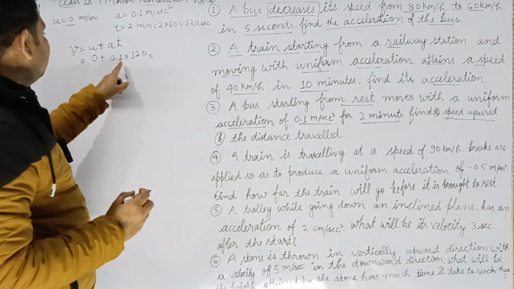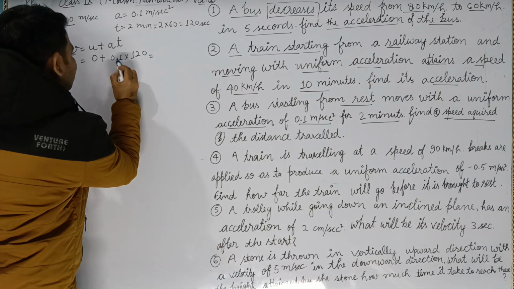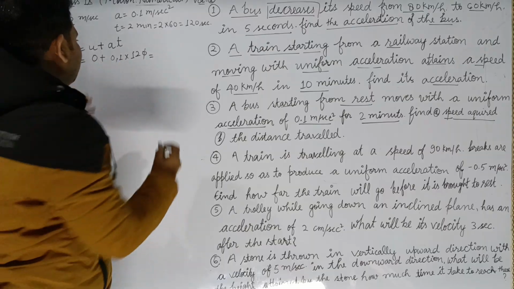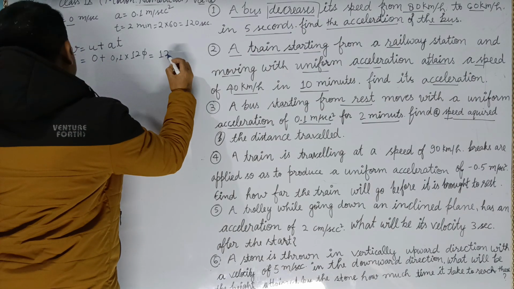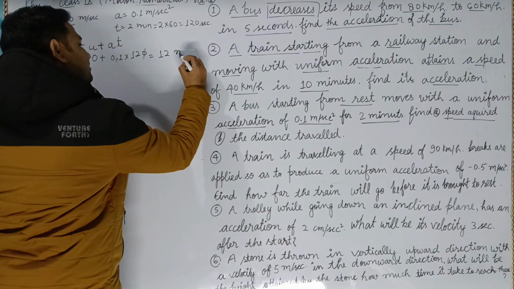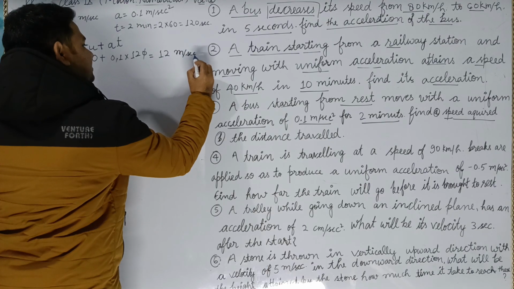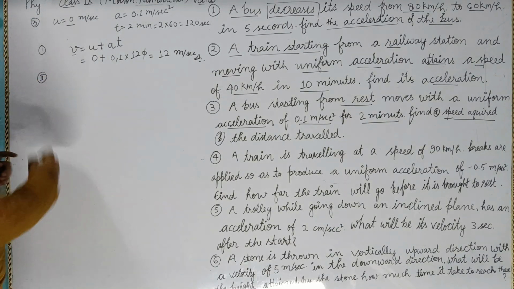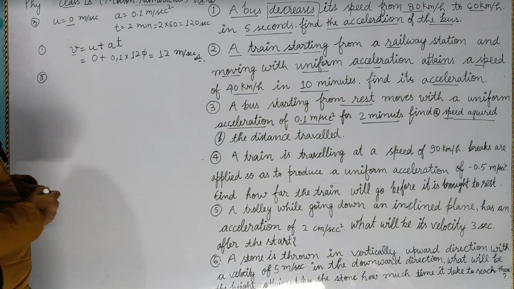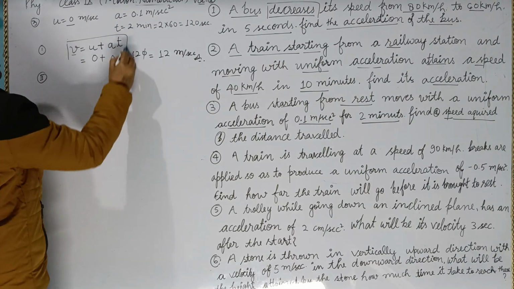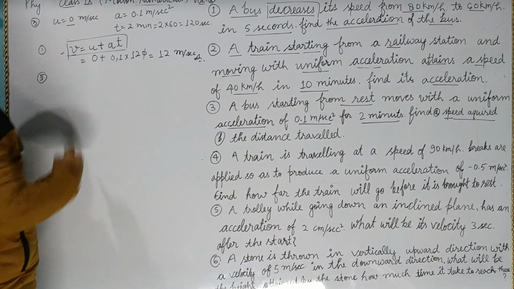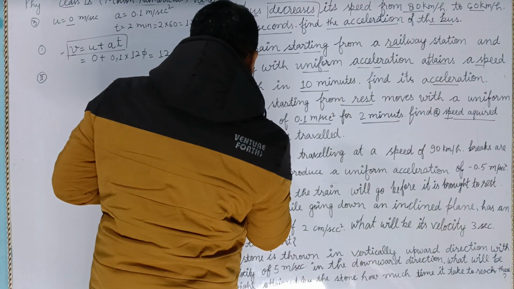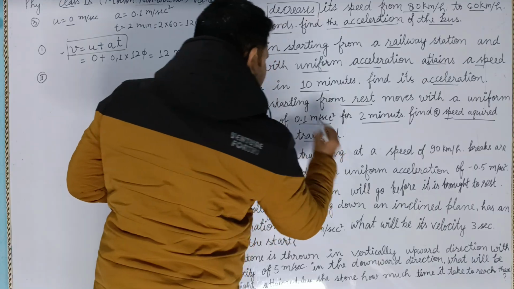We multiply, so we remove the point from here and cut a 0. 12 1s are 12, that will be 12 meter per second. Simple. The first answer is found. This type of question we can solve from the equations of motion. First, from the first equation we find the result, and in the second, the distance traveled.